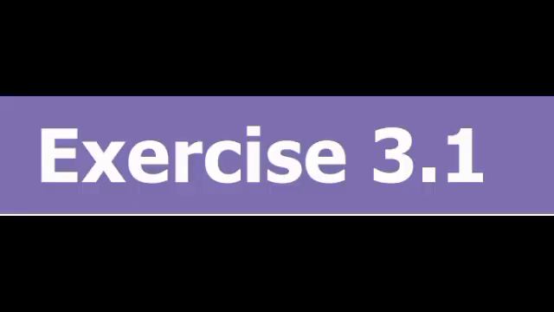Exercise 3.1, question number 1, fill in the blanks. First one, the exponential form 14 power 9 should be read as. How can we read? 14 power 9. Second question, the expanded form of p power 3 q power 2 is dash. p into p into p into q into q.